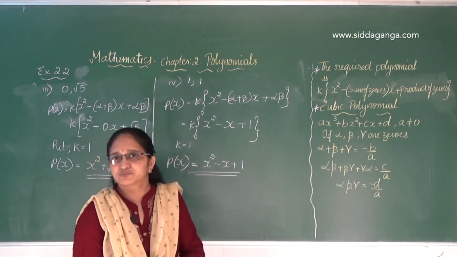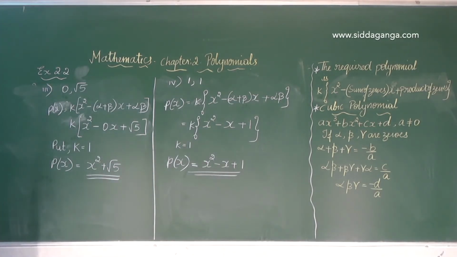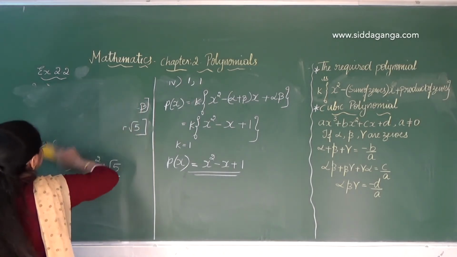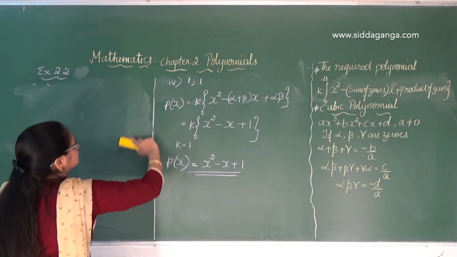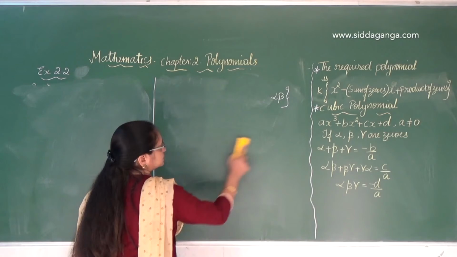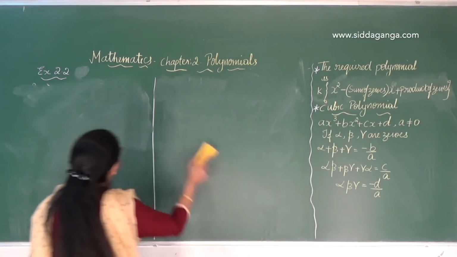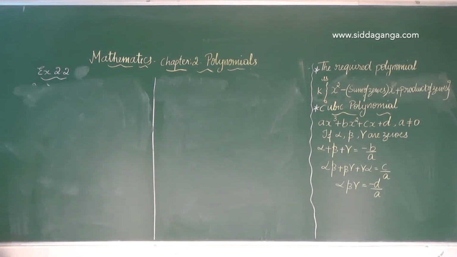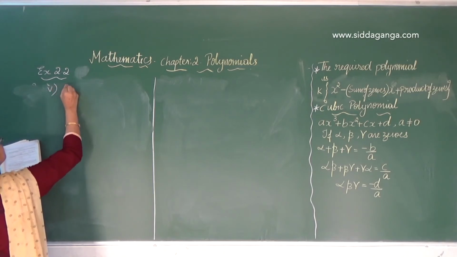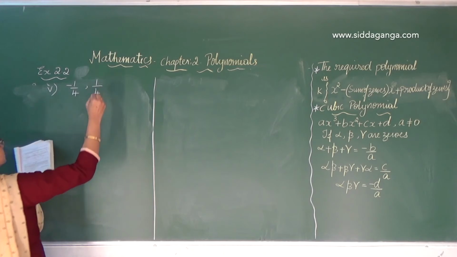Now, we shall move on to the fifth and sixth sums. Fifth sum is minus 1 by 4, plus 1 by 4.